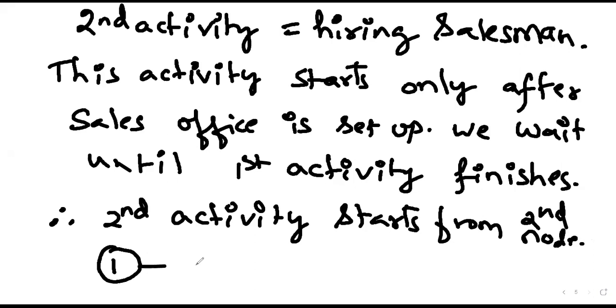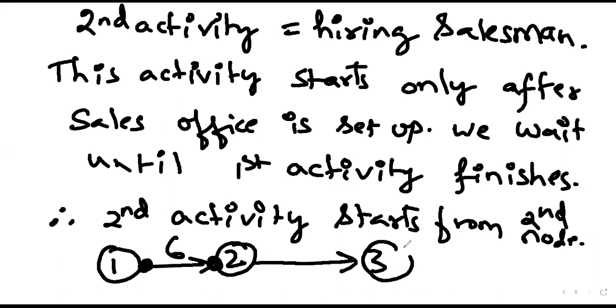So we have 1-2. Once this is finished, at this point the activity finishes. It has taken already 6 days. Once that is done, the second activity starts. The second activity starts at the second node and finishes at the third node. So any doubt here?